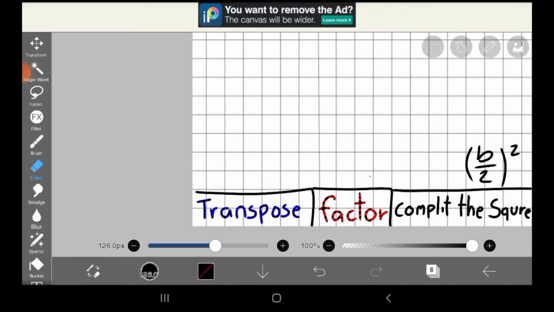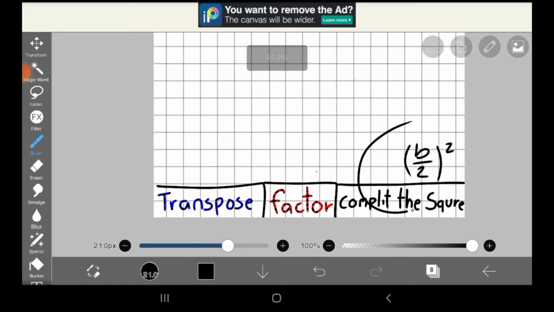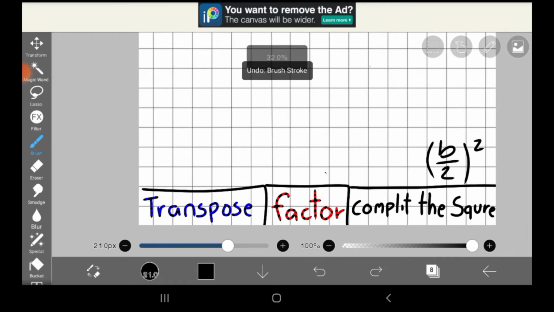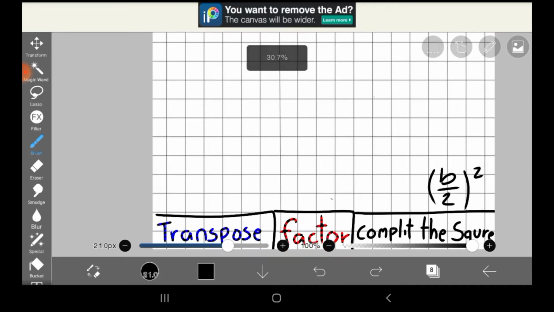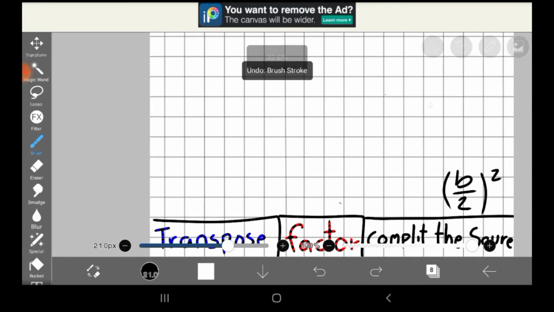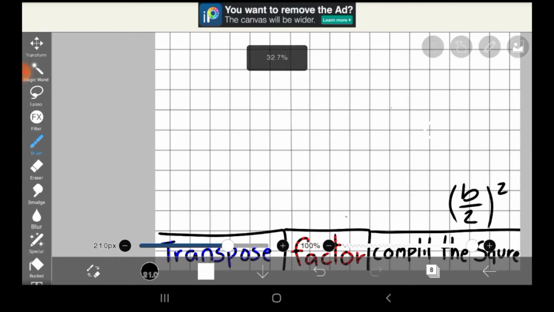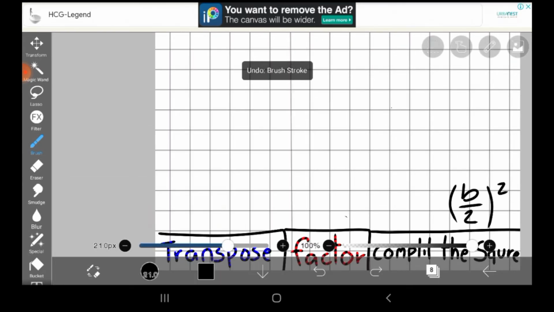The second thing you should know is completing the square. I'll teach you how to complete the square. When you complete the square of a general form, you will get the C. I'll give you an example.